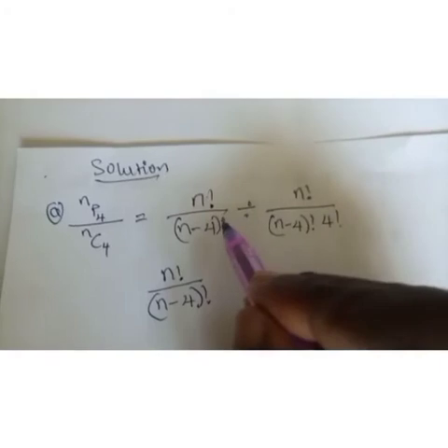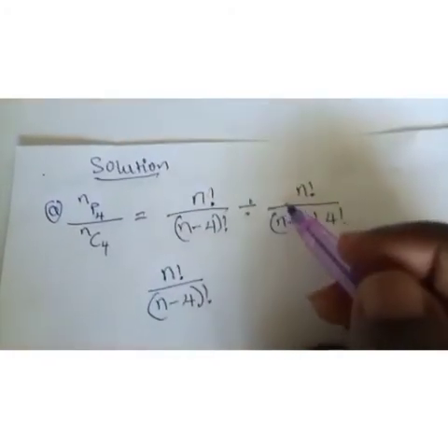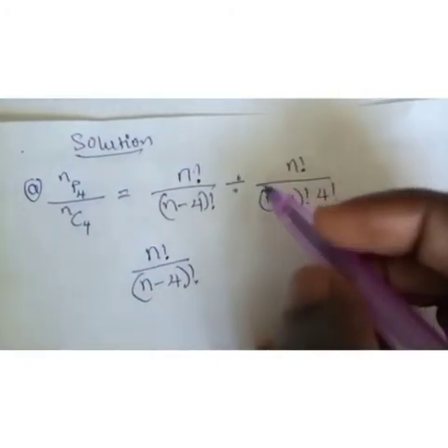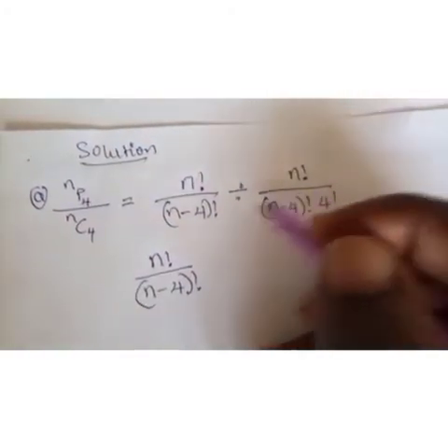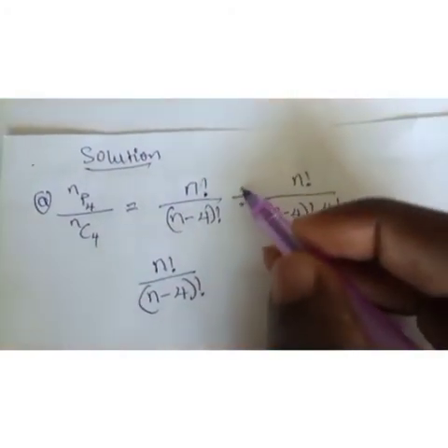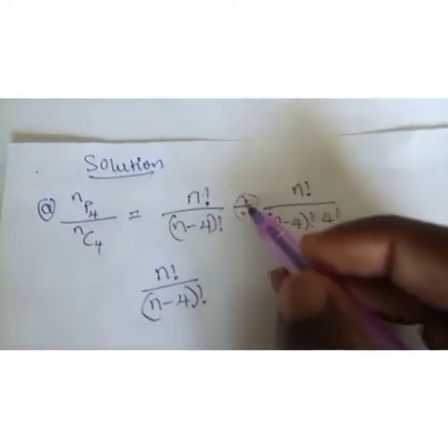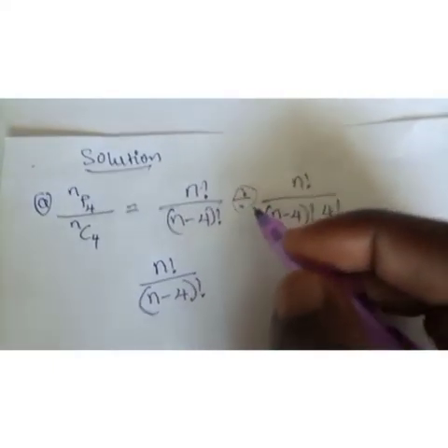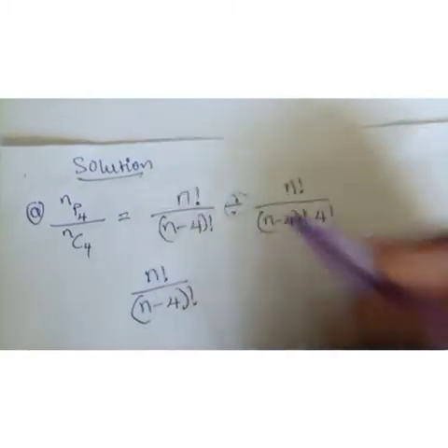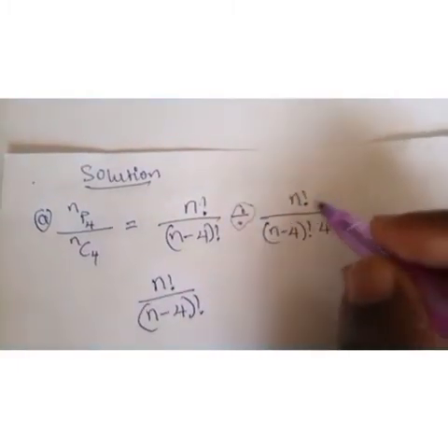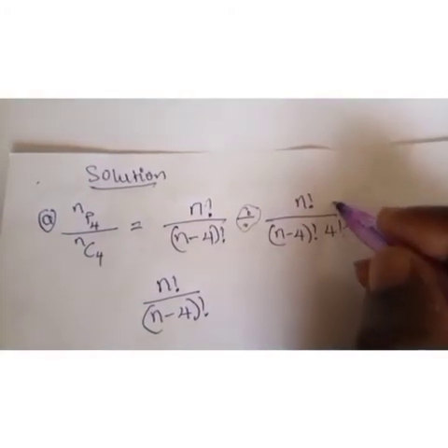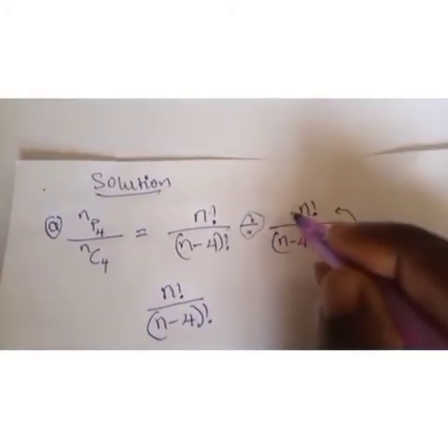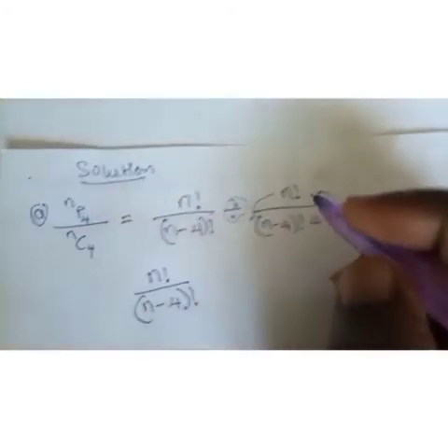So as you have these two fractions, for us to divide the two fractions, we are going to multiply this by this, and this one we change the division sign to multiplication. Then the denominator will go up and the numerator will come down.